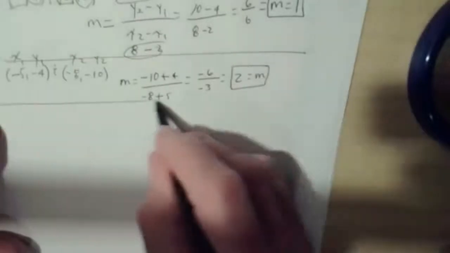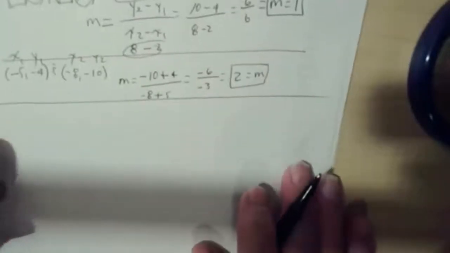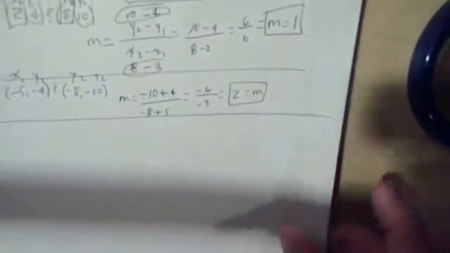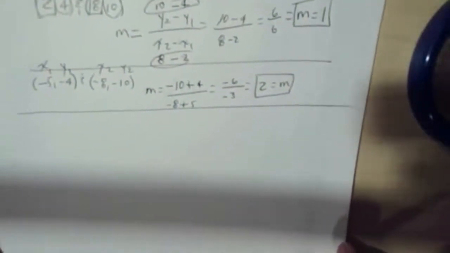Now, probably the most used, the most important equations of lines that we use is called slope-intercept.